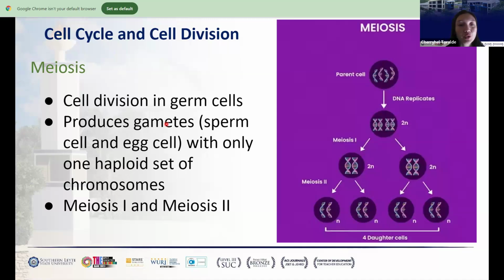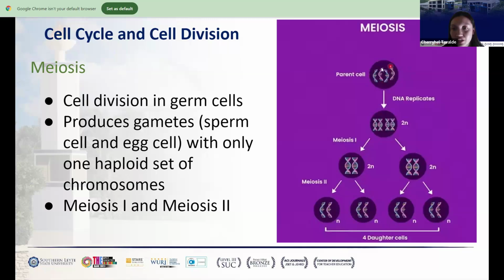So meiosis is only found there among all the different parts of your body, di ba? And then it produces gametes with one haploid set of chromosomes. Unlike in mitosis, where you will produce diploid cells, in meiosis, you will produce a haploid set of chromosomes.